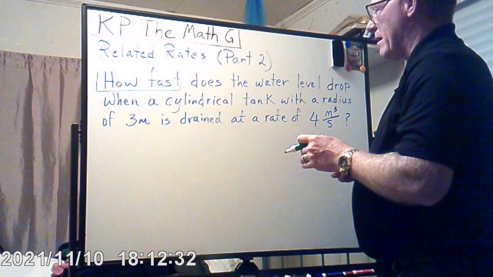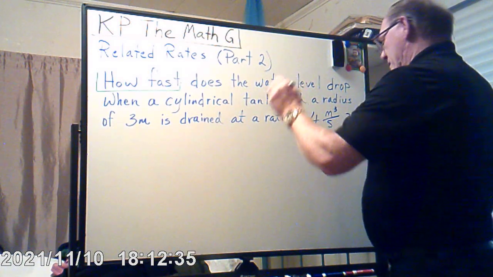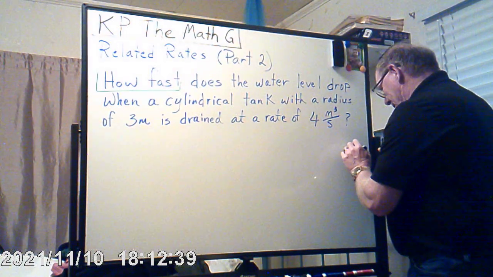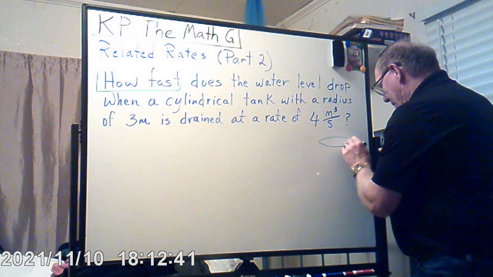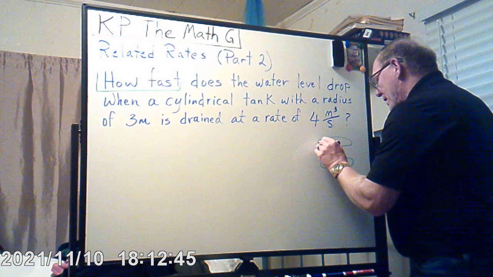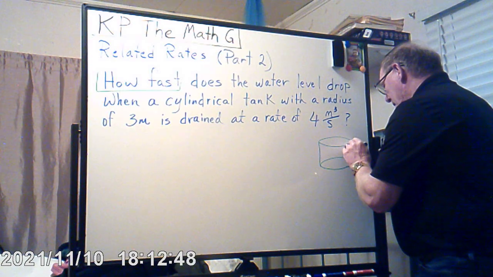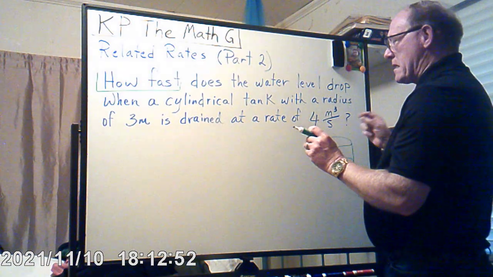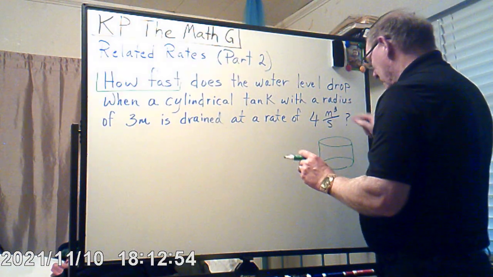It could be, all right, in a cylinder, and I'm going to try to draw a small picture of this because we got a lot of math involved. Okay, right there. The water level here is dropping.